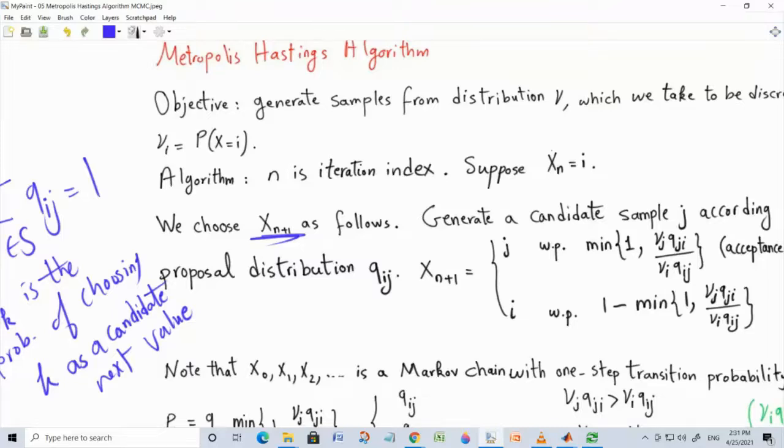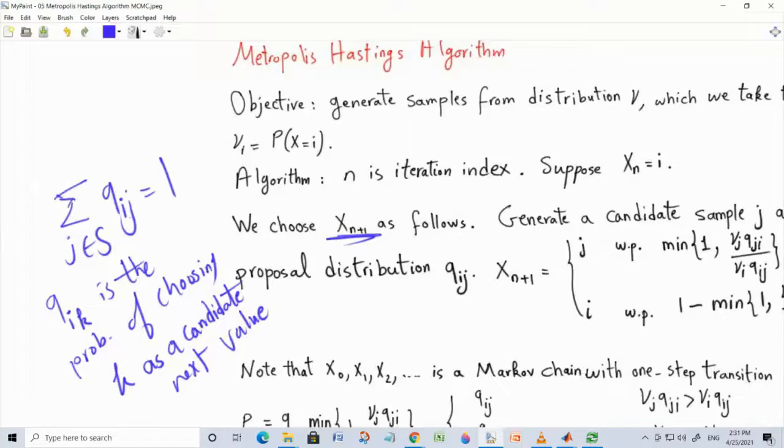From i, there will be a PMF, and this is given to the algorithm. This is one of the challenges: you need to provide this distribution for every i, telling you with what probability you will choose j or k as a candidate next state.